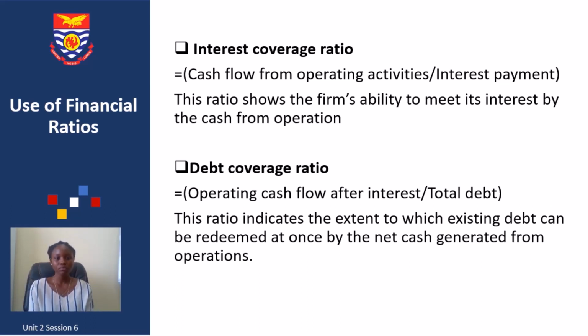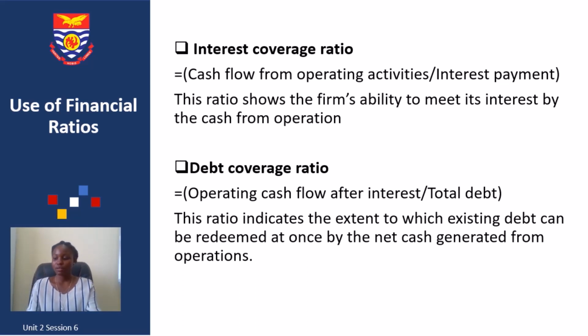Also, the debt coverage ratio is the ratio of operating cash flow after interest to total debt. So the operating cash flow after interest divided by total debt, and this ratio indicates the extent to which existing debt can be redeemed at once by using the net cash generated from operations.